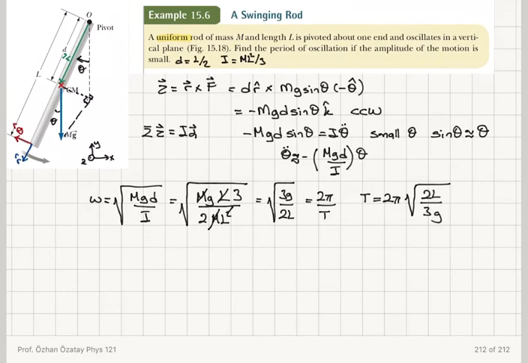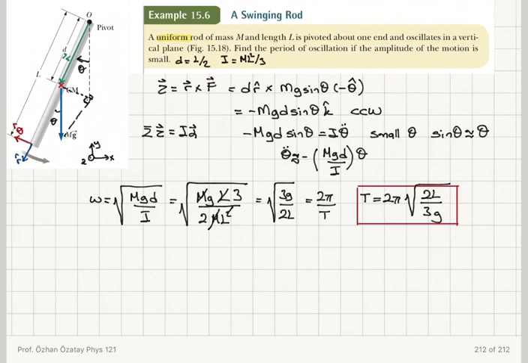And this is 2 pi divided by the period. So the period of small angle oscillations will be 2 pi square root of 2L divided by 3g. So this will be my final answer for this question.